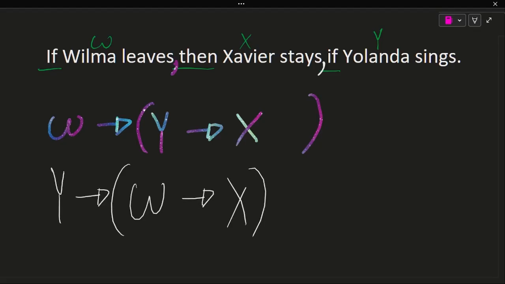Another way of reading this is, if Wilma leaves, then Xavier stays, provided that Yolanda sings. Alternatively, you could read it as, assuming that Will leaves, Xavier will stay if Yolanda sings.